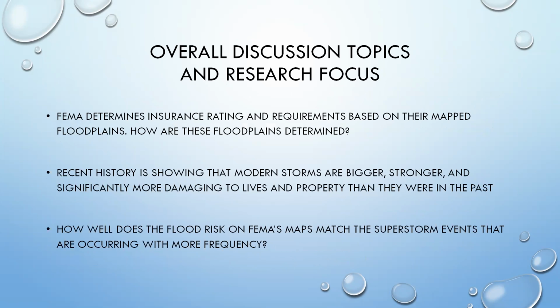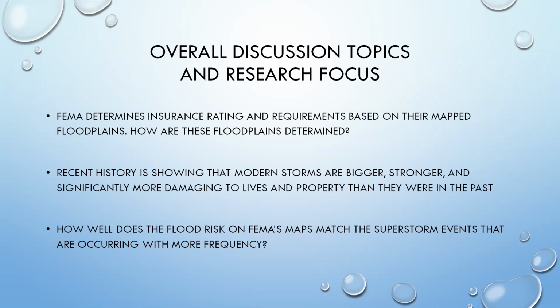So my overall discussion topics and research focus, and what I'm going to talk about with my presentation here, is how FEMA determines the insurance rating and how they map the floodplains. The recent history showing how these modern storms are bigger and stronger and causing a lot more damage than they have in the past, which is how this question came up for me and how I want to tackle this project, because a lot of FEMA's flood information looks at regression analysis of a set time period of historic data.